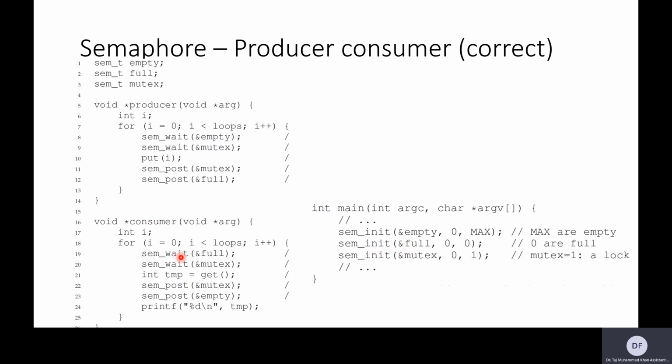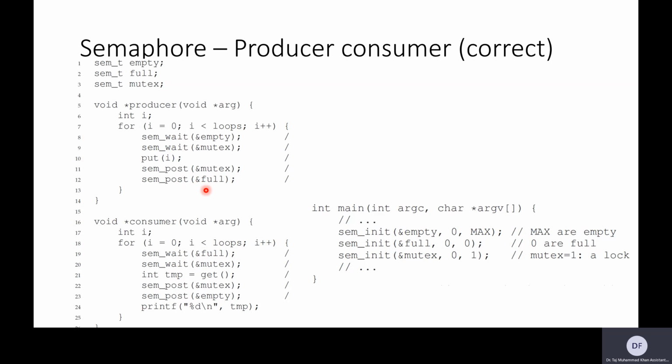Let's say the buffer was empty, like we discussed in the scenario on the last slide: the consumer runs first, the buffer is empty, and the consumer has to go to sleep on this variable full. In this implementation, it is going to sleep without holding the mutex. So the producer thread can acquire the mutex, put values in the buffer, and then signal the consumer thread to wake and consume them.